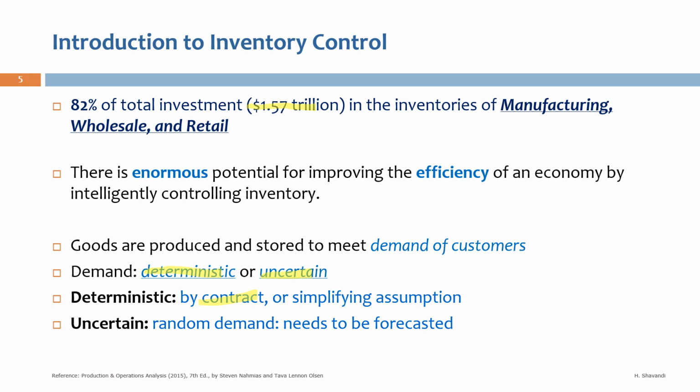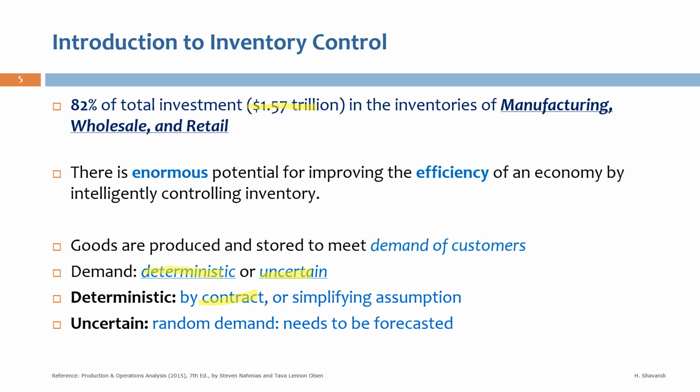There's no ambiguity here, and we know with certainty what the demand or production level will be for the next 12 months. So in this case, we can consider the demand as a deterministic parameter.